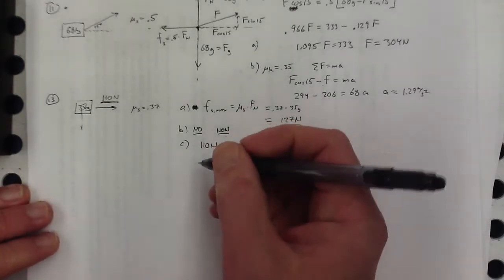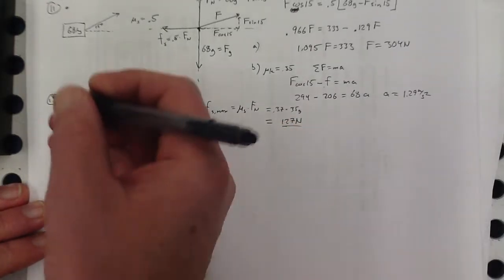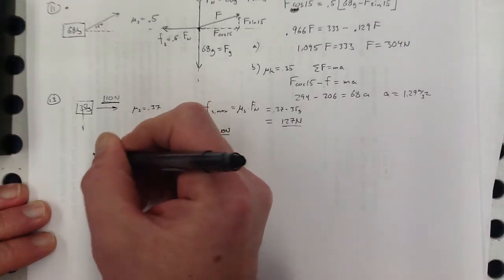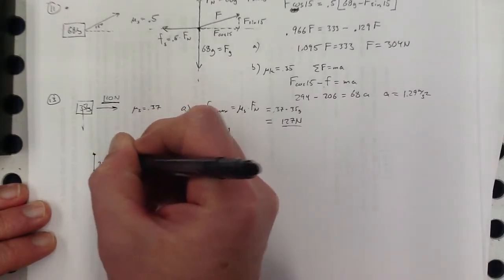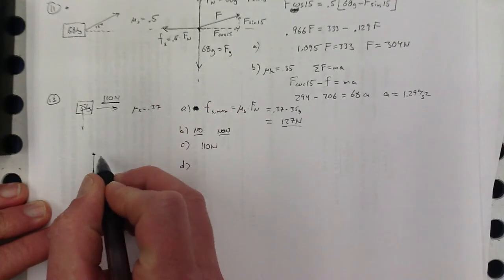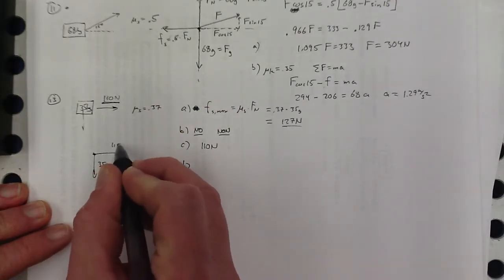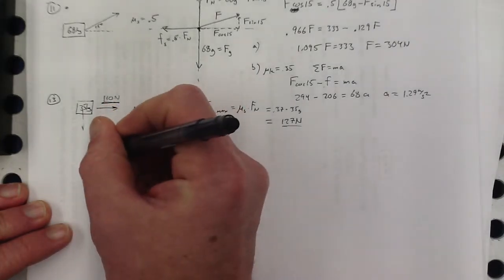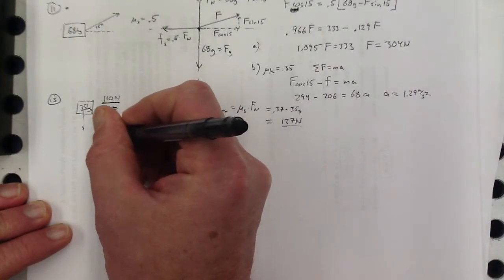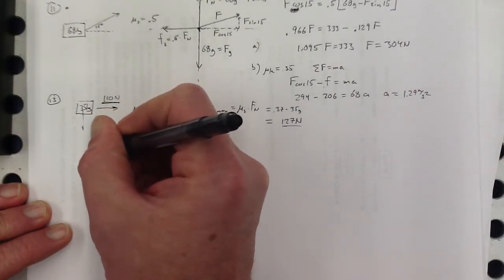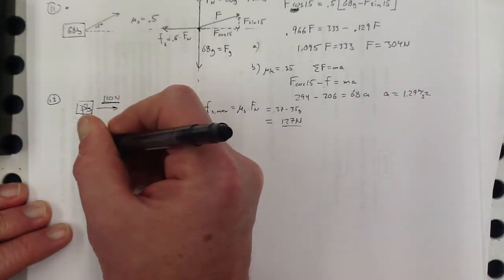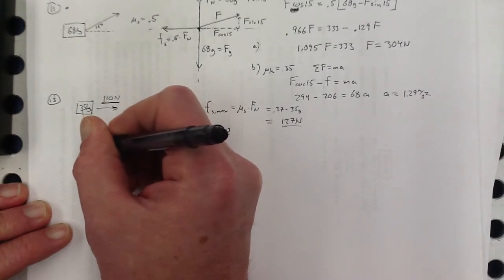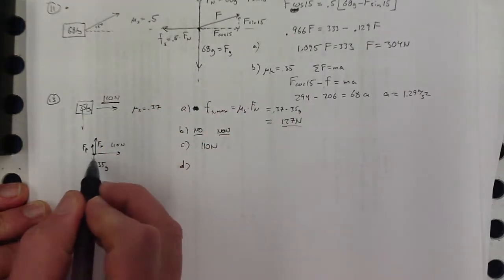All right, so let's see. If that's the case, then I have 35g, and I've got 110 newtons here, and then I would have a normal force that would now be smaller because I also have the force of that other worker pulling here.